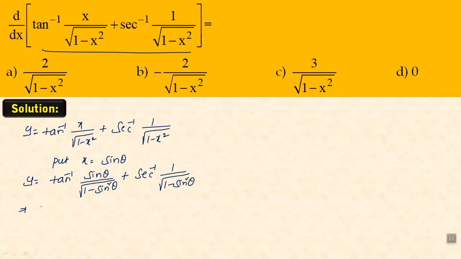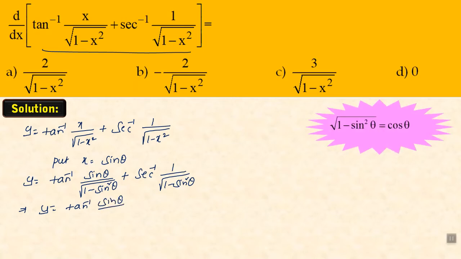This implies y is equals to tan inverse of sine theta divided by, we know that square root of 1 minus sine square theta is equals to cos theta, plus secant inverse of 1 by root of 1 minus sine square theta is cos theta. That implies y is equals to tan inverse of sine theta by cos theta, that is tan theta, plus secant inverse of 1 by cos theta is secant theta.